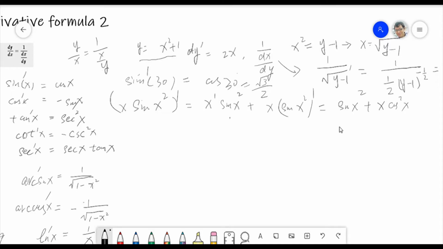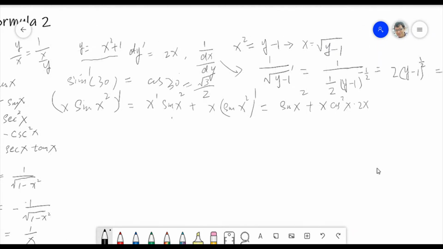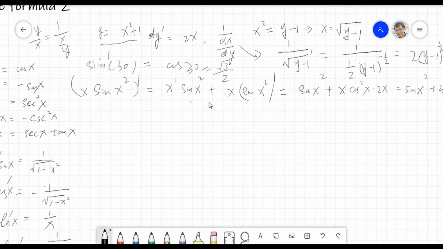The derivative of x squared is 2x. So the final answer is sine x squared plus 2x squared cosine x squared. This is the final answer.